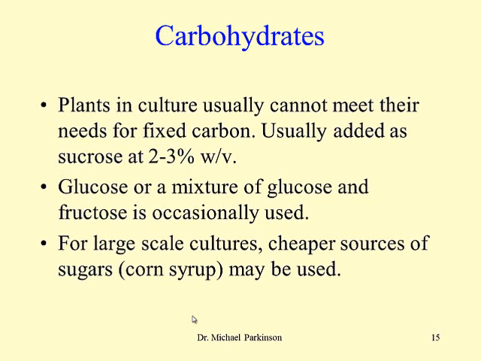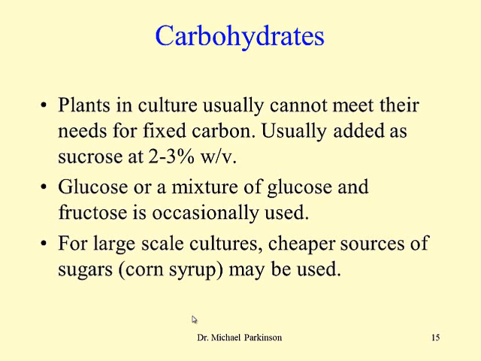Another consideration is that in plant cell cultures we normally grow the plants at low light levels. It's expensive to produce light from electric light bulbs. Typical full sunlight on a nice summer's day would be around 3000 micromoles per meter squared per second.